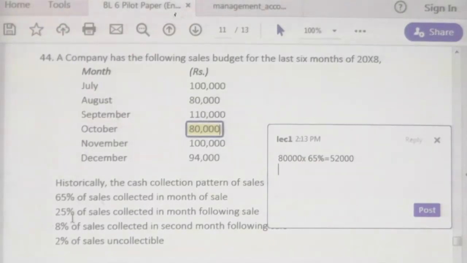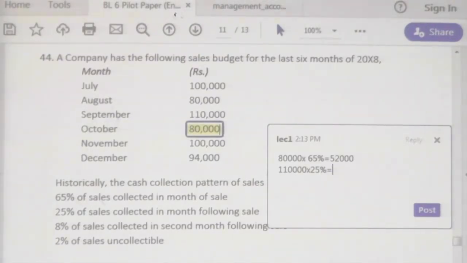Now, you know 25% of sales will be collected in the subsequent month. That means during October, you will collect 25% of September sales. That is 110,000 sales in September. Out of that, you can collect 25% of sales in October.